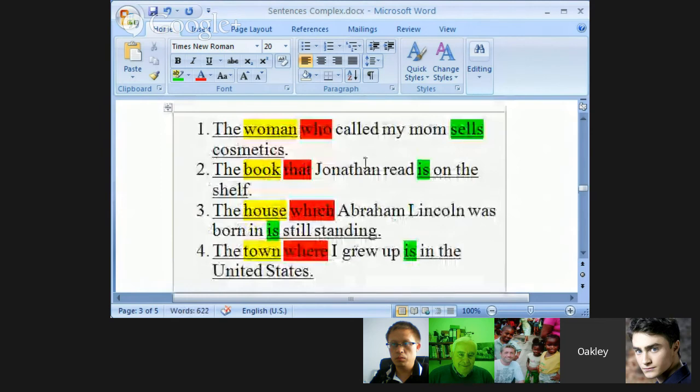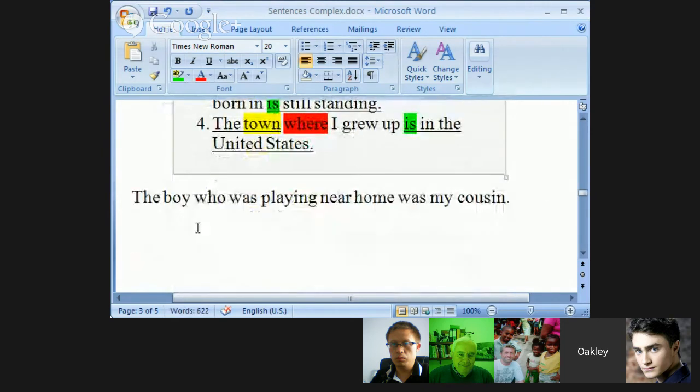It's okay. The boy who was playing near home was my cousin. Okay, terrific. This is a defining clause, so we don't need any commas. This is perfectly okay the way it is. We don't even have to worry about punctuation. Of course, the dependent clause is what, Santiago? What part is the dependent clause?